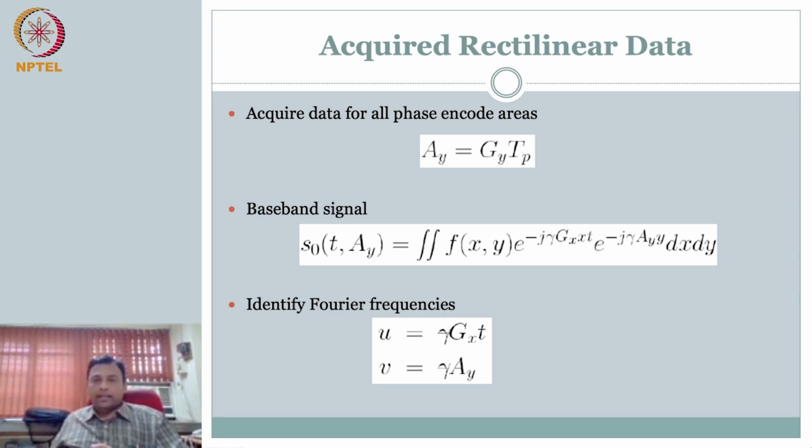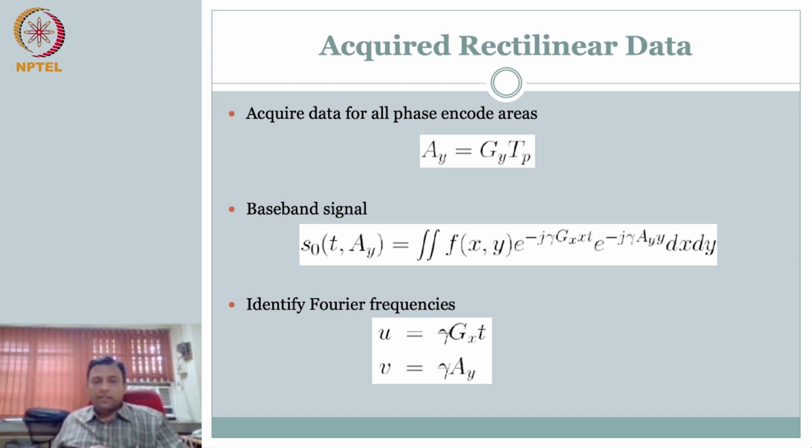So you acquire the data, right? In the rectilinear scan, you have phase encoding. Phase encoding comes from gradient Gy. You have the area Ay, so you apply this gradient for a time period for phase encoding, and this is the phase that is accumulated. For each phase, you have a baseband signal that you get with frequency encoding.